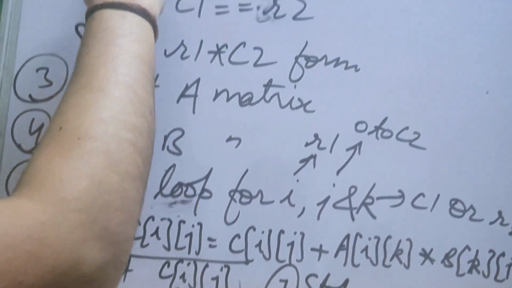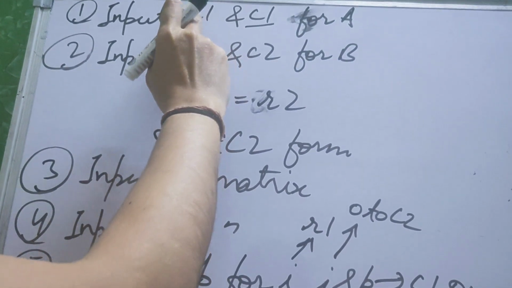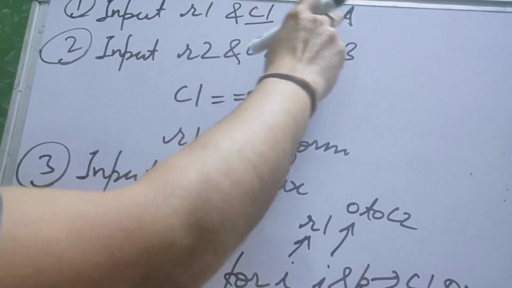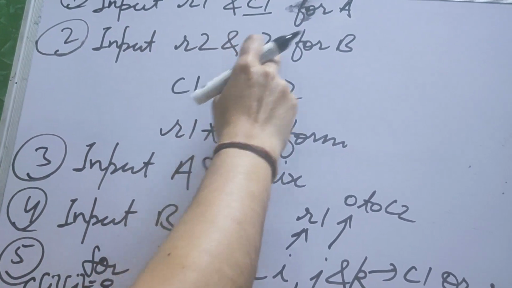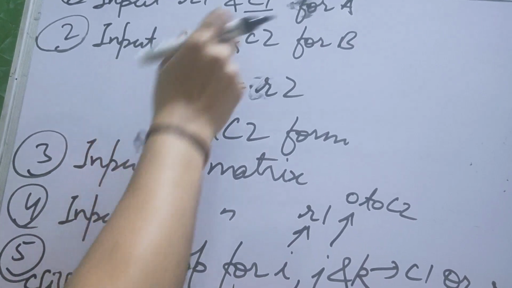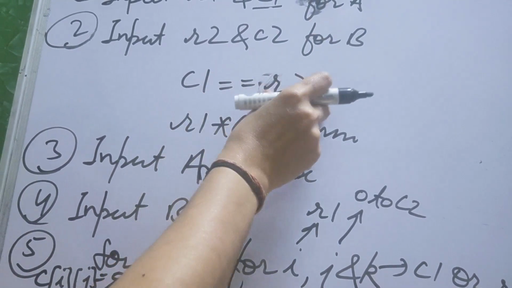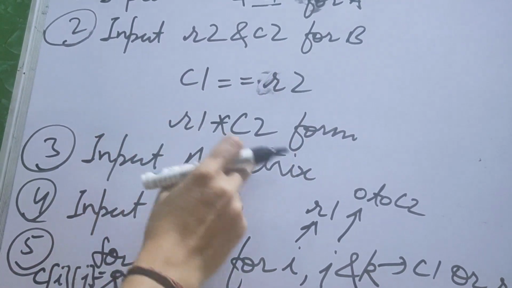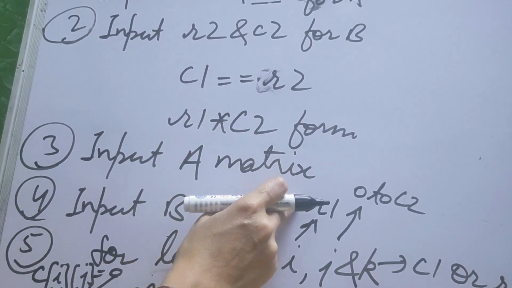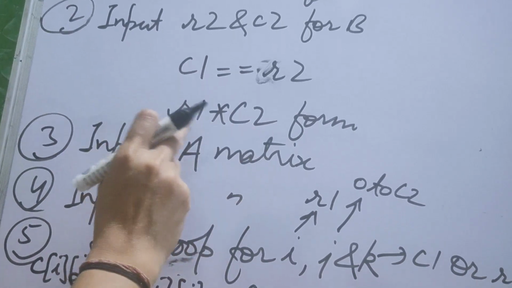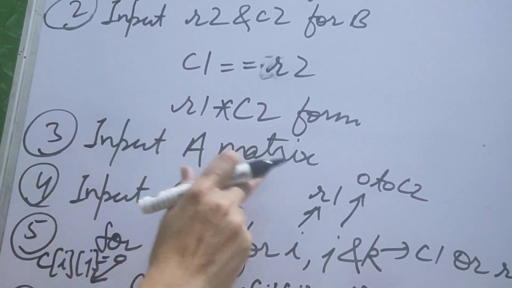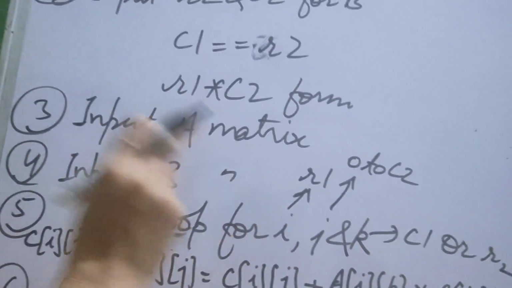First, as we have done earlier, input rows and columns for A, input rows and columns for B. Then we will check if column of first matrix and row of second matrix are equal; if the condition is satisfied, then only matrix multiplication is possible. Then we input A matrix, input B matrix.